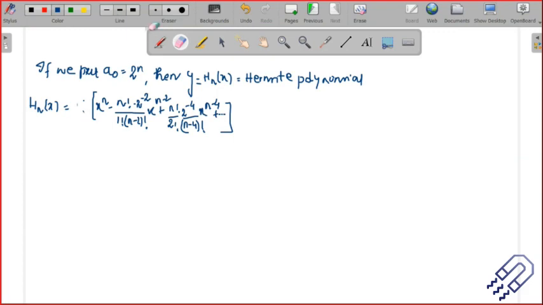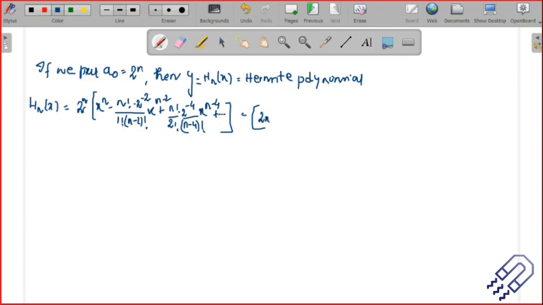So this will be nothing but 2 to the power n. If we take this 2 to the power n within the bracket, this is 2 to the power n, this is x to the power n, first term.